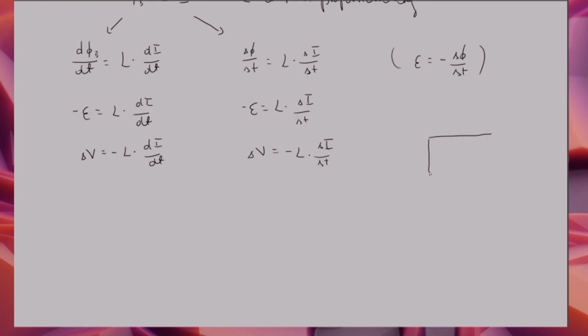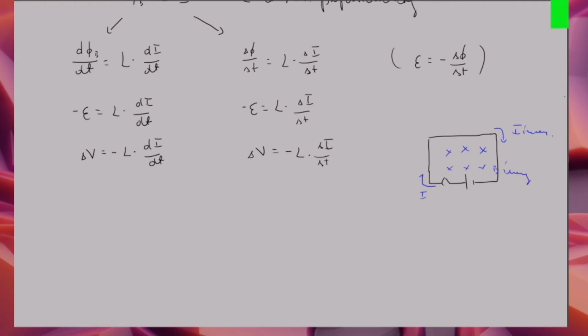Here's the circuit. You've just closed the switch, right? And the current flows through this thing. So you have the current that flows, I, and this I is increasing. And as I is increasing, the magnetic field due to this current that points into the page, this B, is also increasing.